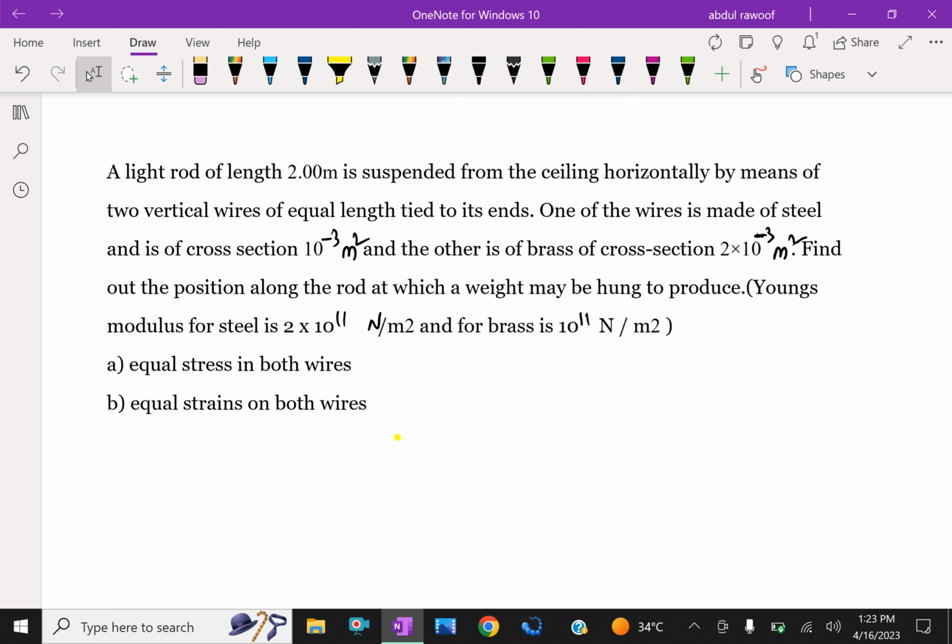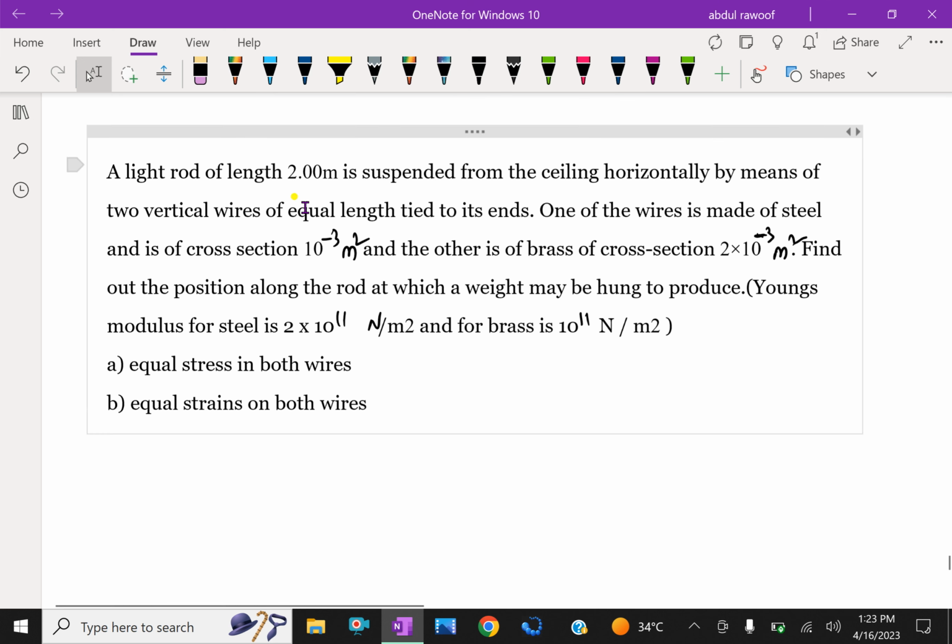Next question. A rod of length 2 meter is suspended from the ceiling horizontally by means of two vertical wires tied to its ends. One of the wires is made of steel and its cross section is 10 power minus 3 meter square, and the other is brass with cross section 2 into 10 power minus 3 meter square.